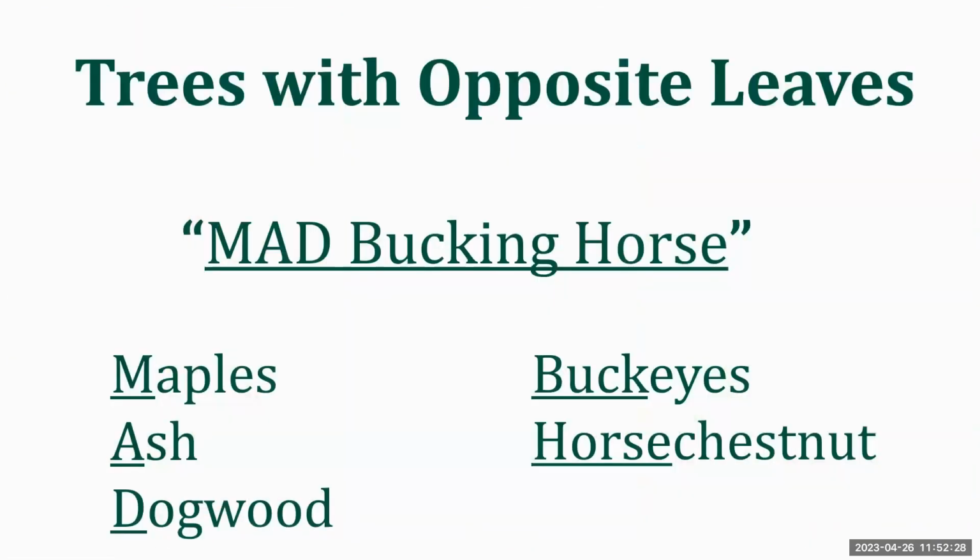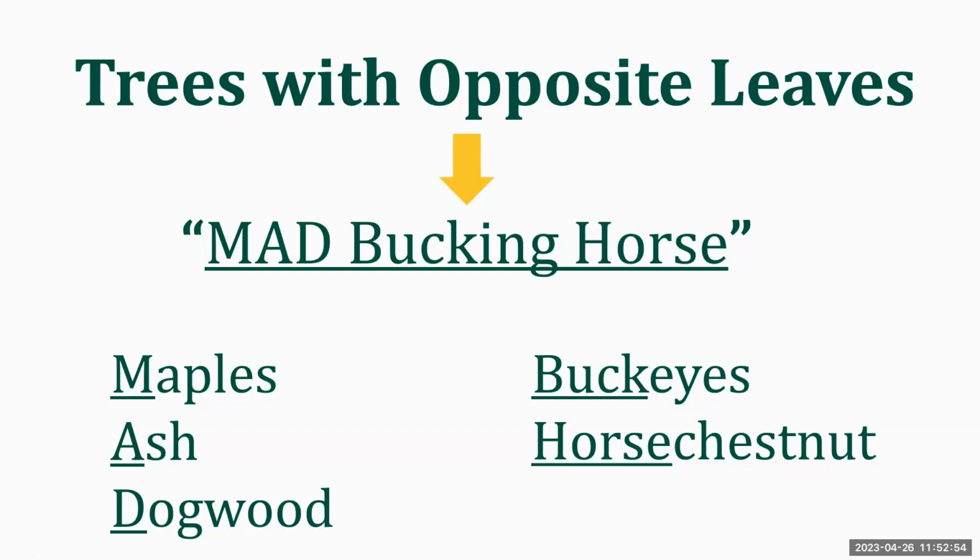And if you know me, you know that I really like mnemonics or things to help you remember things about trees. And so the one that foresters use is called Mad Bucking Horse. And this is a mnemonic that's used to help remember trees that have opposite leaves. There's actually not a lot of trees out there that have opposite leaves. The vast majority are going to be alternate.